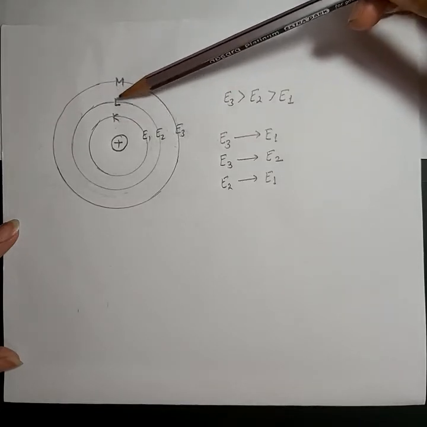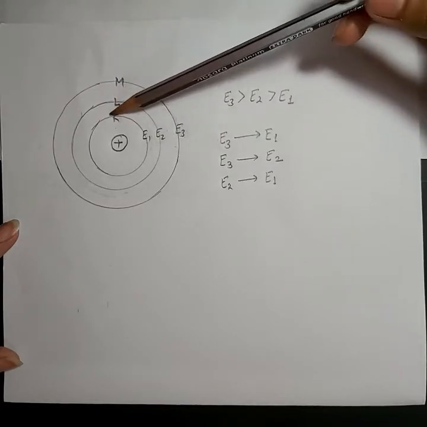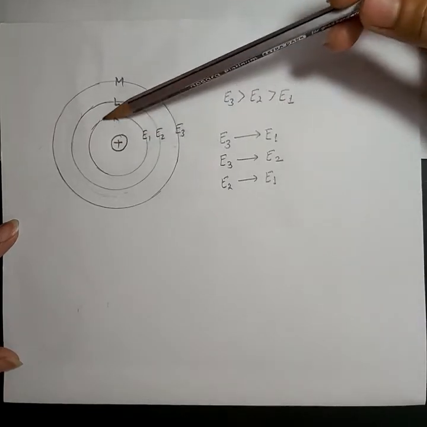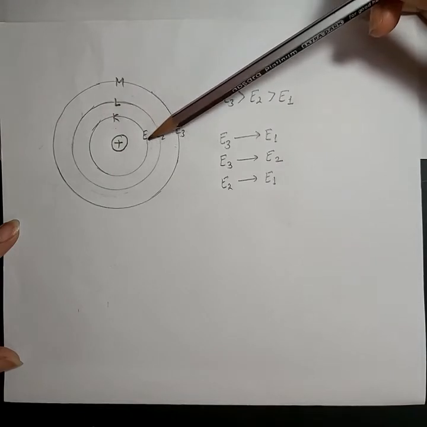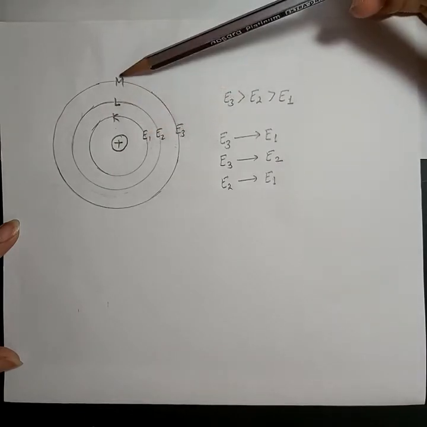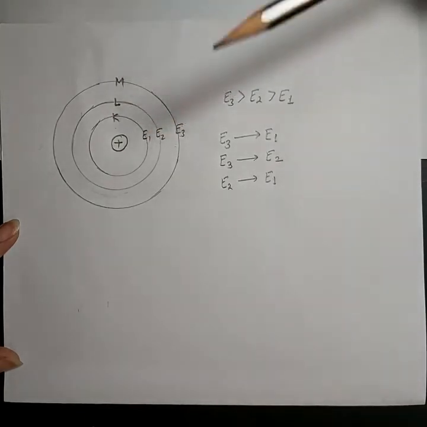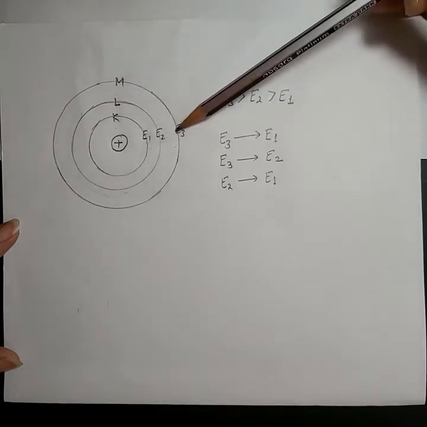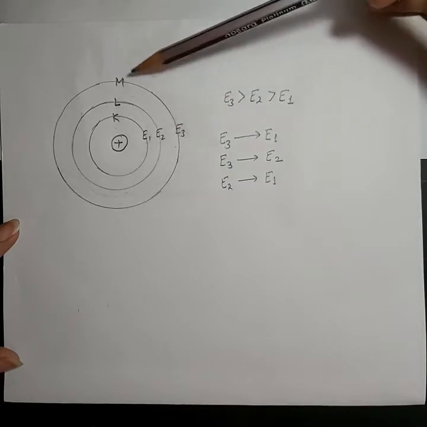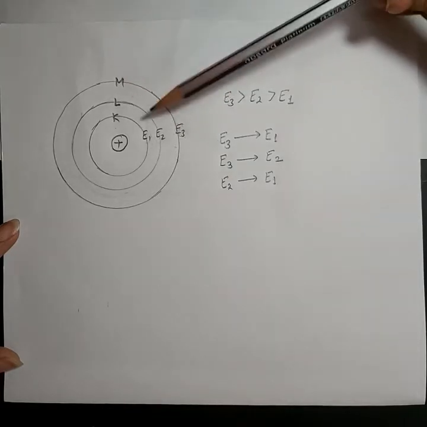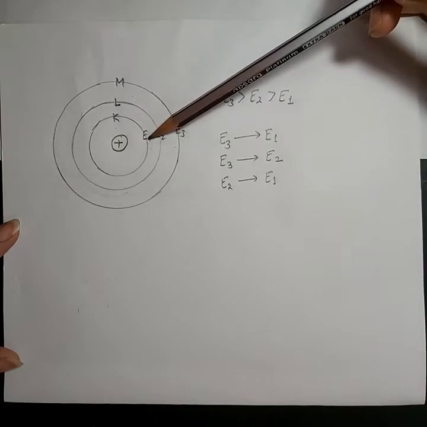Like K, L, M, I have shown, and each orbit corresponds to a particular amount of energy. Here K corresponds to E1, L to E2, and M to E3. So suppose an electron present in the M shell will have a certain amount of energy which will correspond to the M energy shell. Similarly for E2 and similarly for E1.